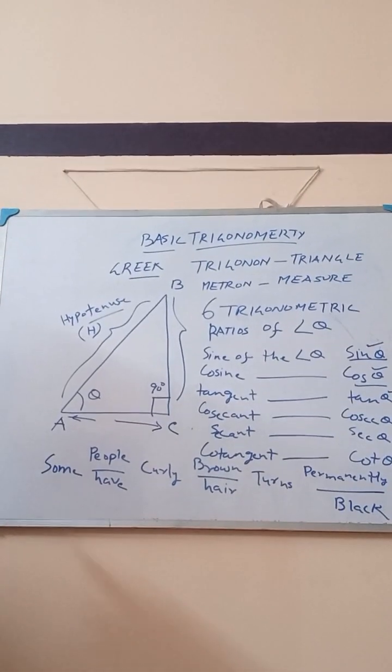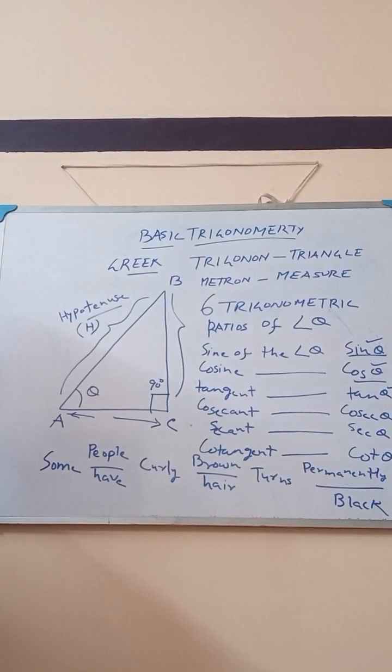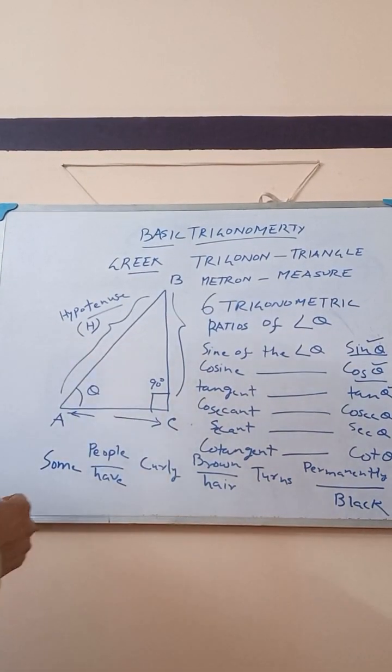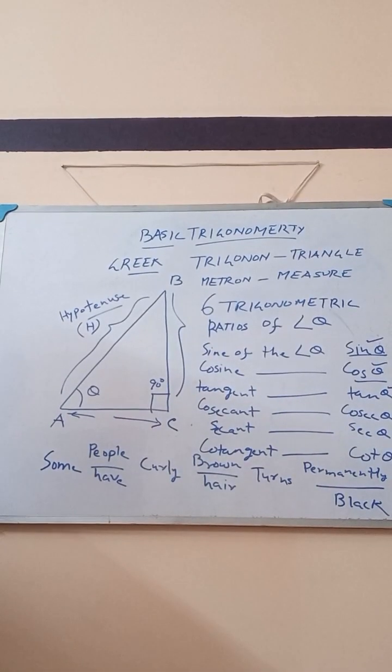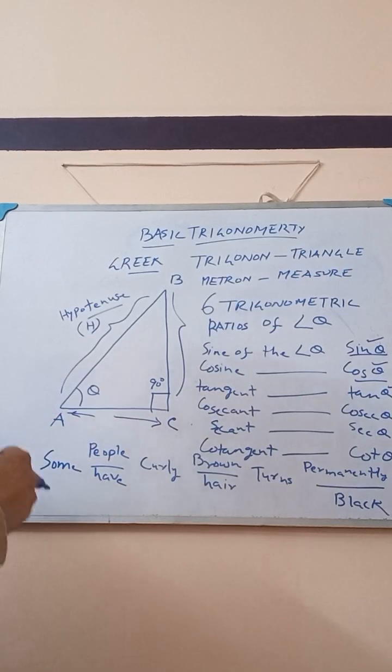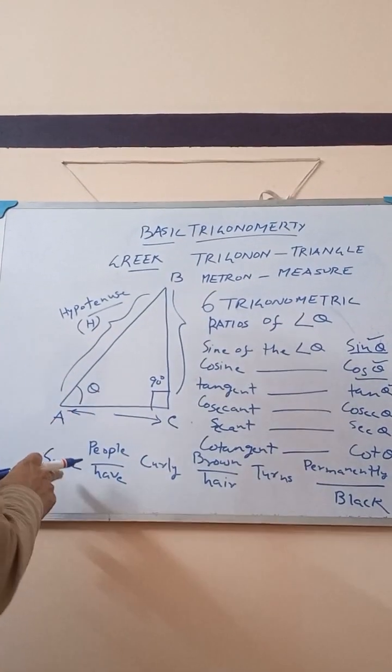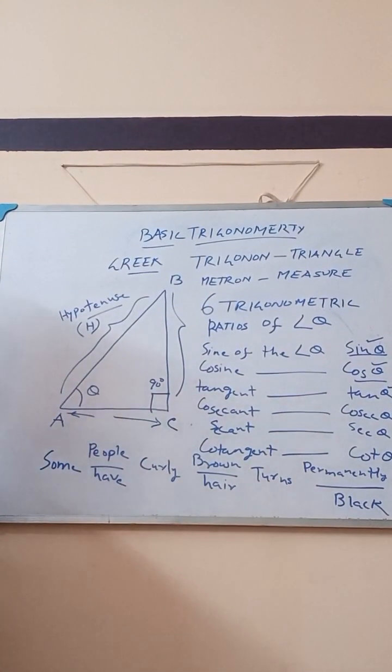Now, this particular line will help us to remember the ratio of the sides. That means sine theta is something by something, cos theta will be something by something. Now, this particular line will help us to remember that.